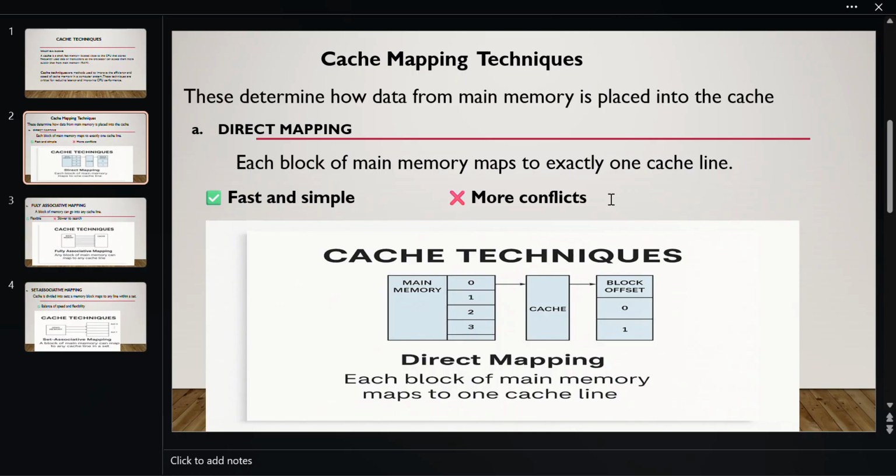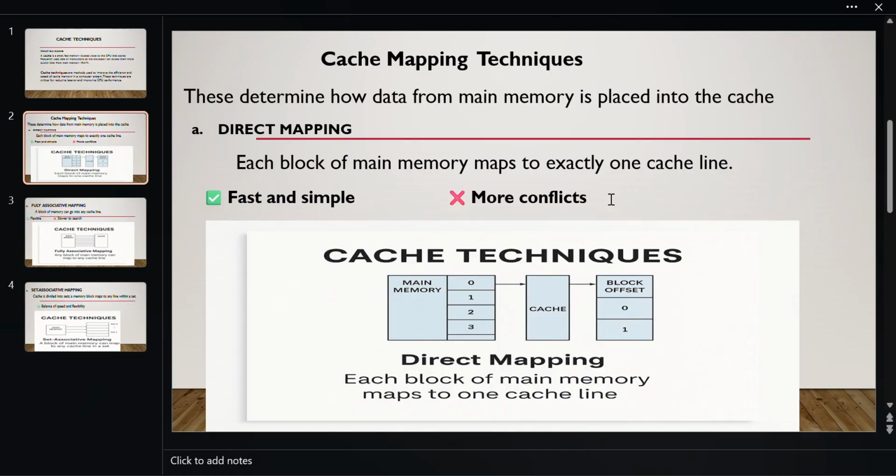Instead, it fetches a whole block of nearby data. This block is called a cache line. Typically, a cache line is 32, 64 or 128 bytes long, depending on the CPU architecture.